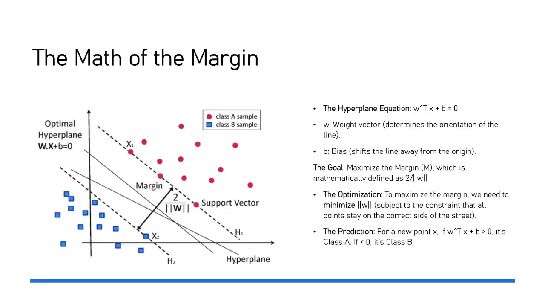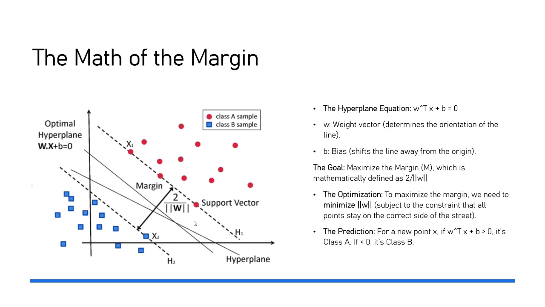So let's go into a little bit of the math part of things. How do we find this hyperplane? The equation is basically weight times the data point plus b, like mx plus c. It is a line, since we're in 2D. And the distance of the margin is 2 by the magnitude of the weight, which is basically the distance between two of the closest support vectors of opposing classes.